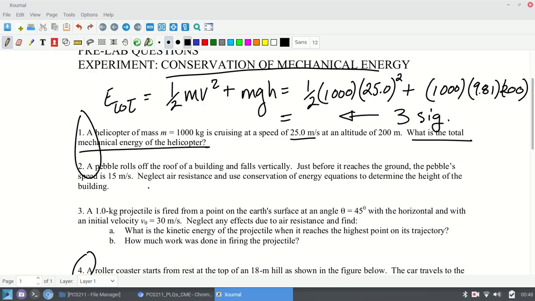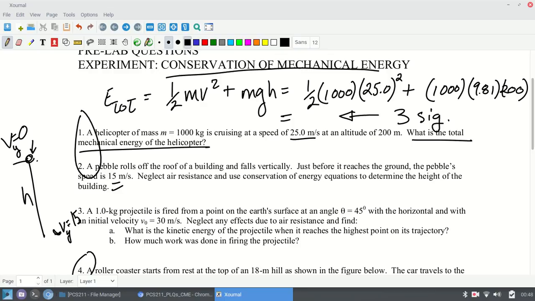What about number 2? A pebble rolls off a building and falls vertically. Just before it reaches the ground, the pebble's speed is this much. It rolls off the building and initially has 0 velocity in the vertical, in the y-axis. But we know just before it reaches the ground, its speed is 15.